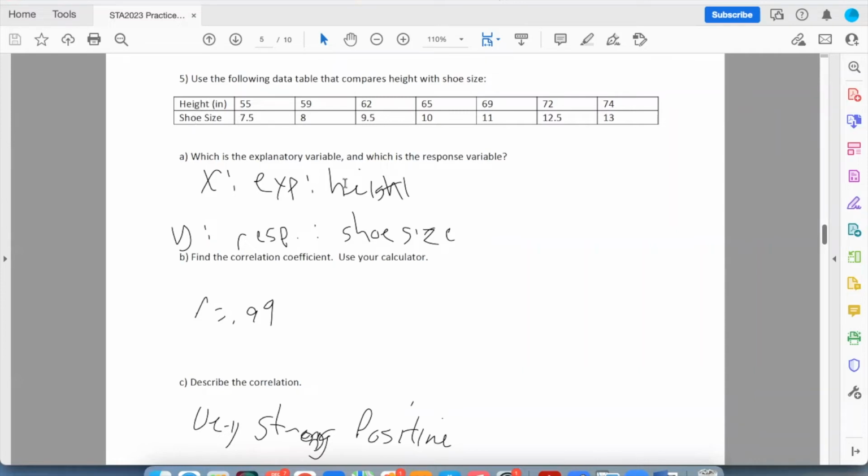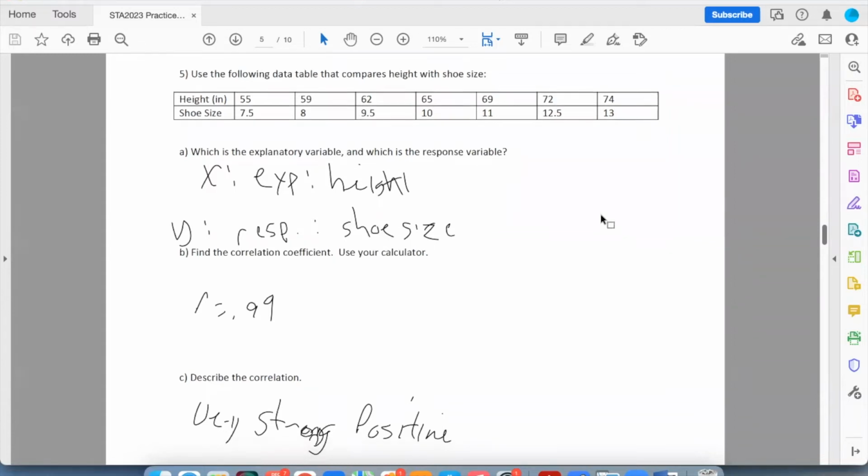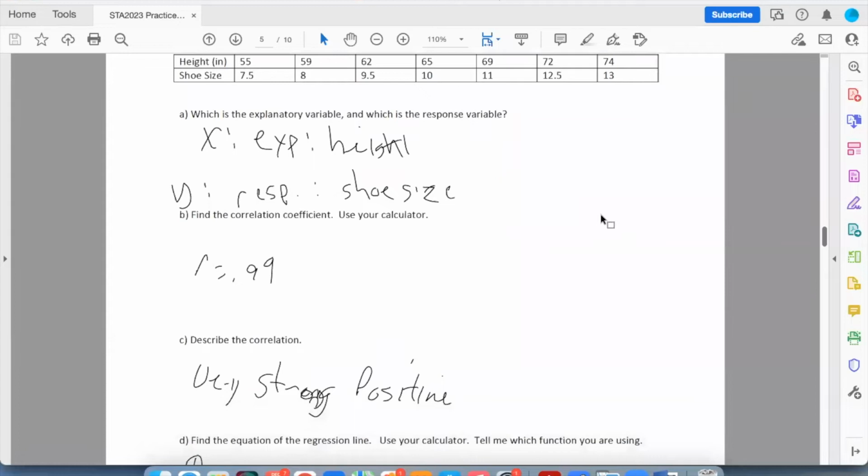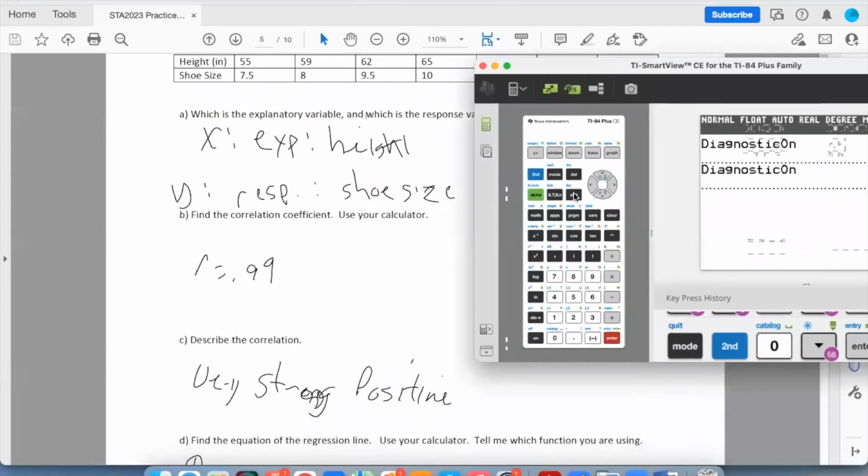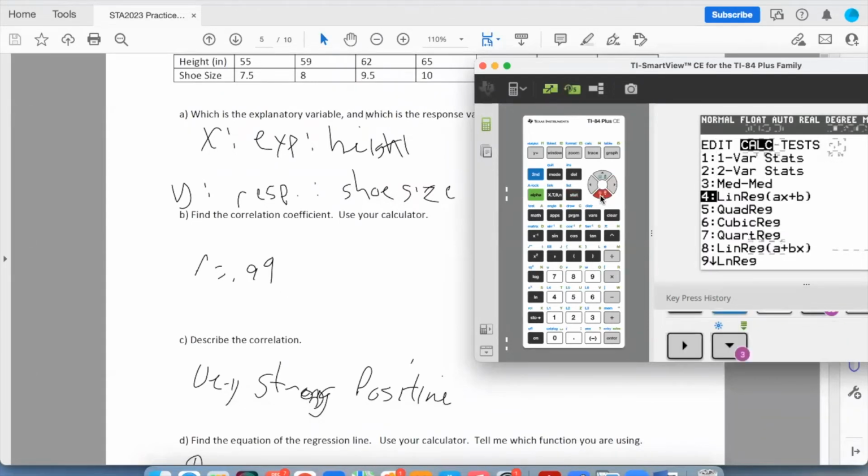So height would be our explanatory, shoe size would be response. So we would type all these numbers into L1, all these, the second row, into L2. Then we do button 8. I don't have all those typed in, but I can show you where you would go over to calculate, down to number 8.